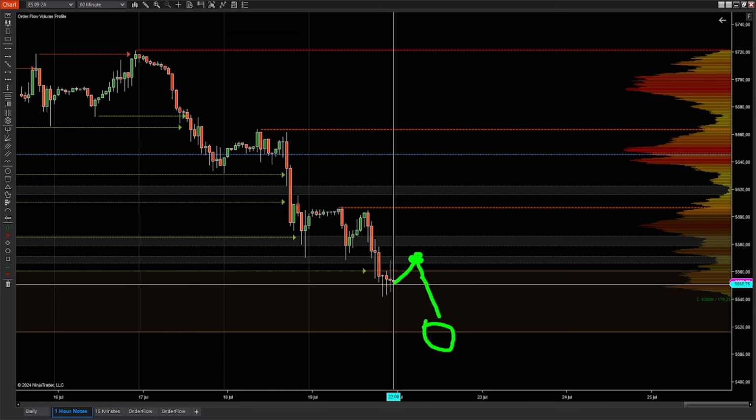If I see the market is going lower here, getting absorbed, with a lot of buying in this zone, I will maybe get a long and target this high right here or this low volume node right here.